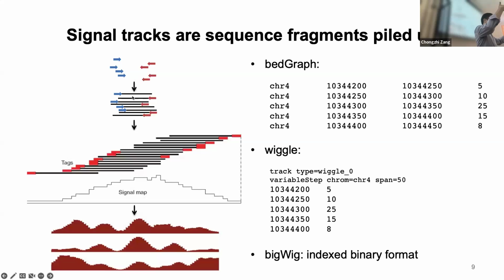From the mapped positions of the two ends, we reconstruct the whole DNA fragment. And if it's single end, we usually estimate the average length of the whole DNA fragments and extend from the end read sequence to the entire DNA fragment.